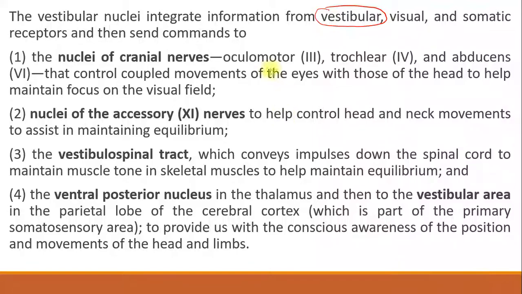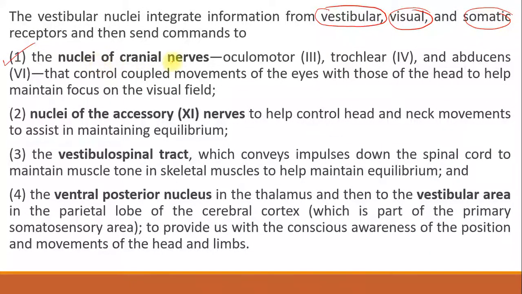The visual part carries sensory impulses from the visual field, that is the eyes, and the somatic receptors carry impulses from skeletal muscle. They then send commands to four regions.